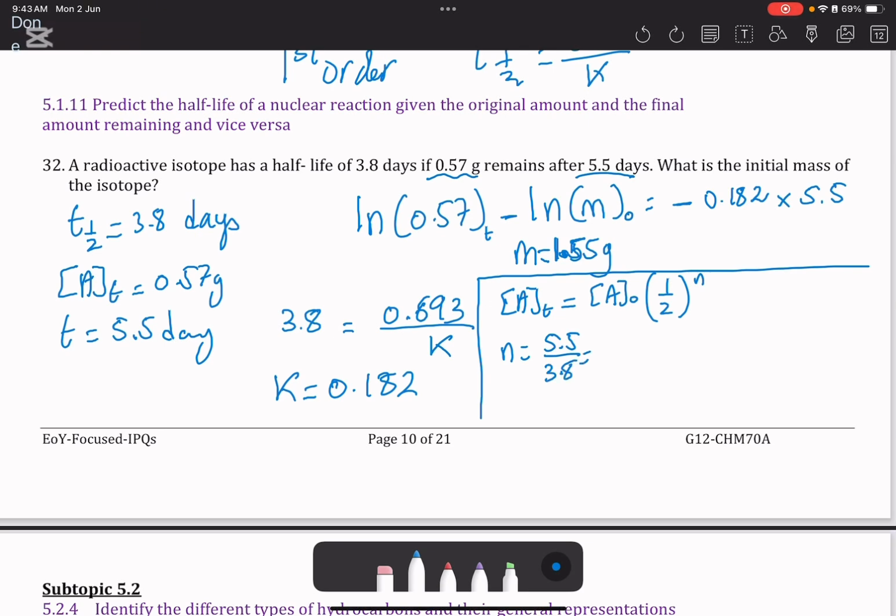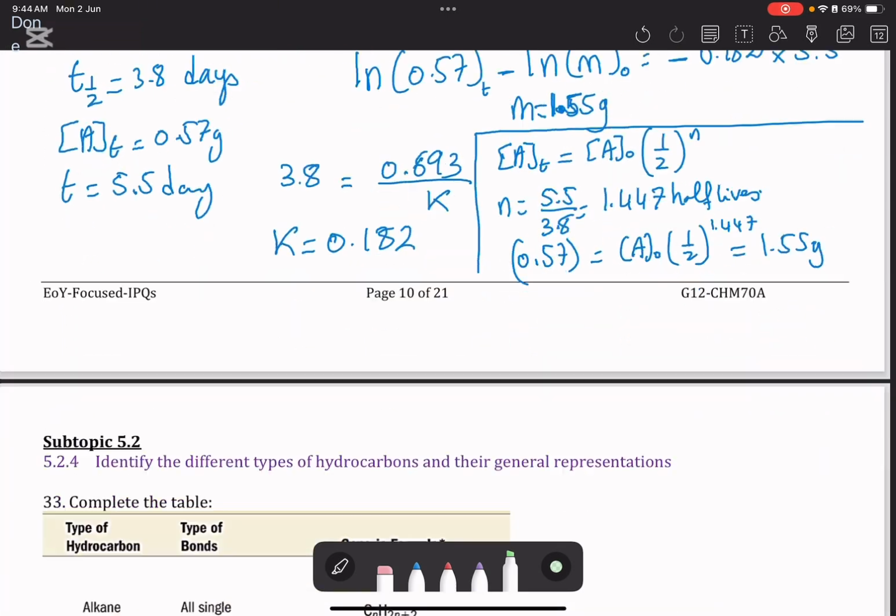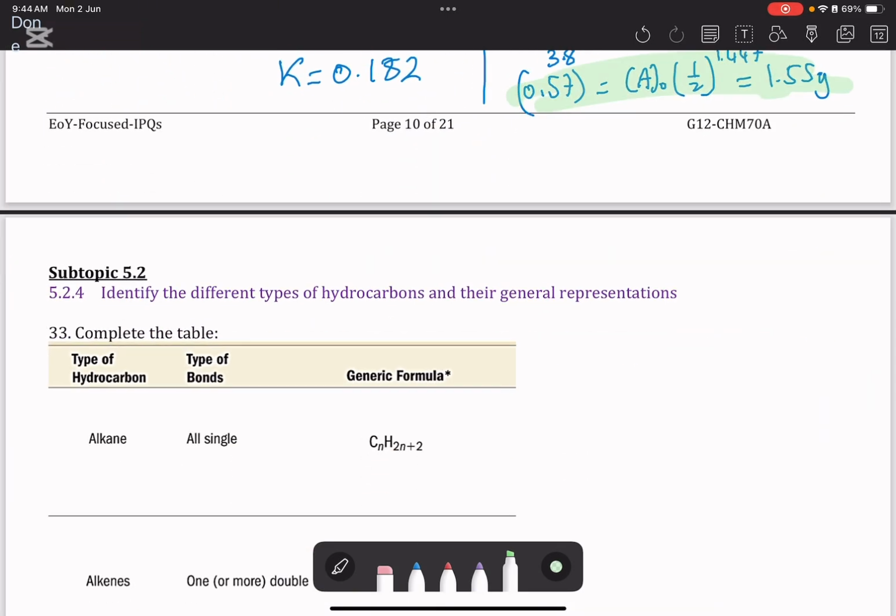So by dividing 5.5 over 3.8, that's 1.447 half-lives. So 0.57 equals A initial times half to the power of 1.447, and it's the same answer. Choose the way that you like. Moving on.